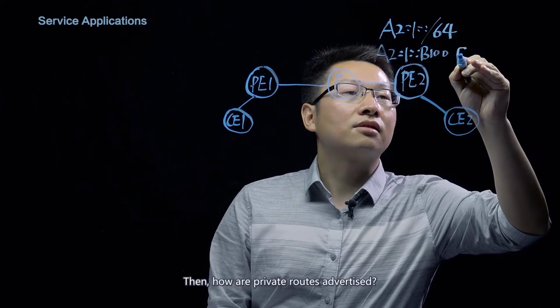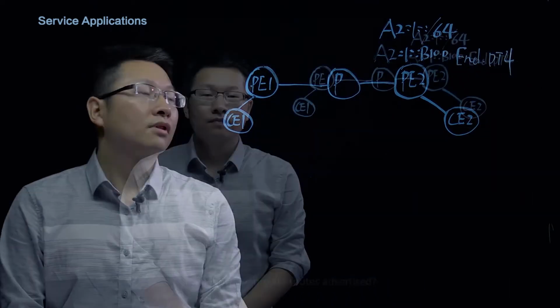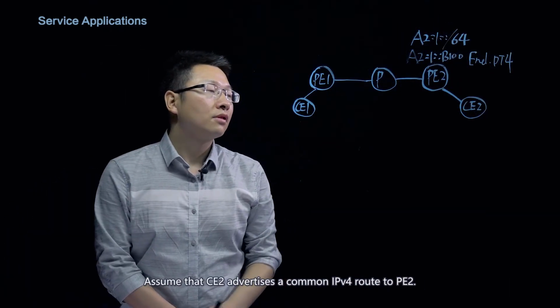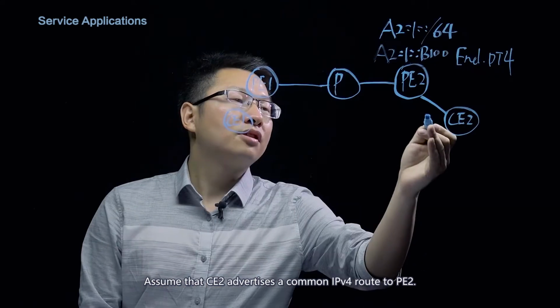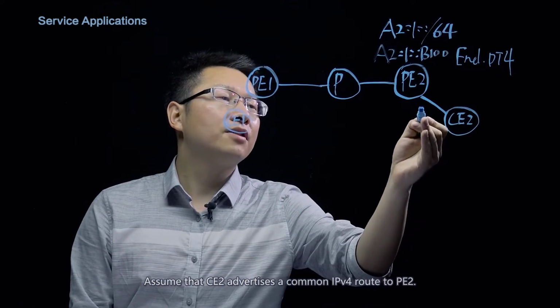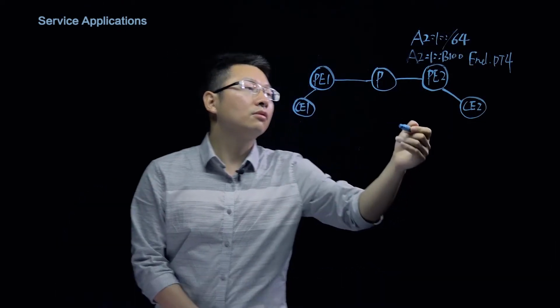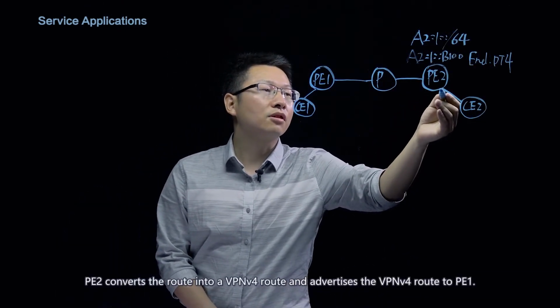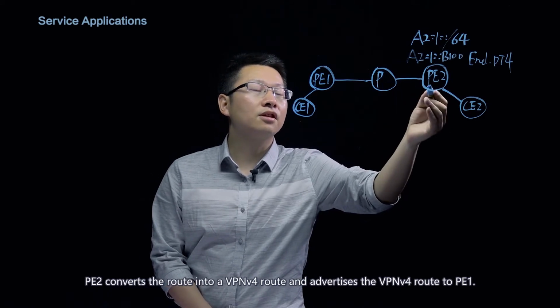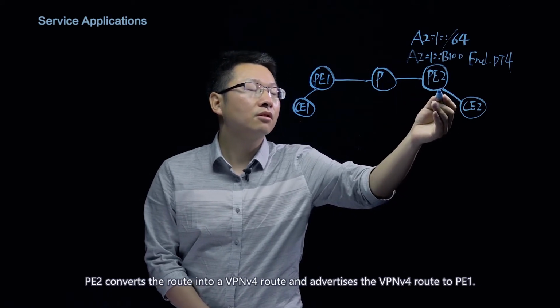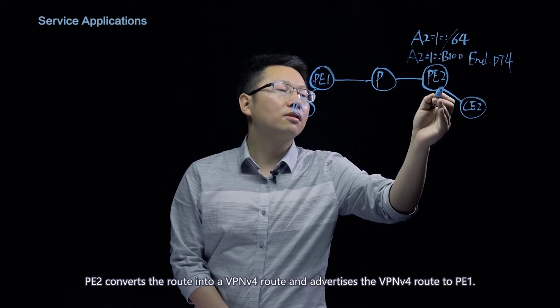Then, how are private routes advertised? Assume that CE2 advertises a common IPv4 route to PE2. After receiving the route through a specified interface, PE2 converts the route into a VPNv4 route and advertises the VPNv4 route to PE1.